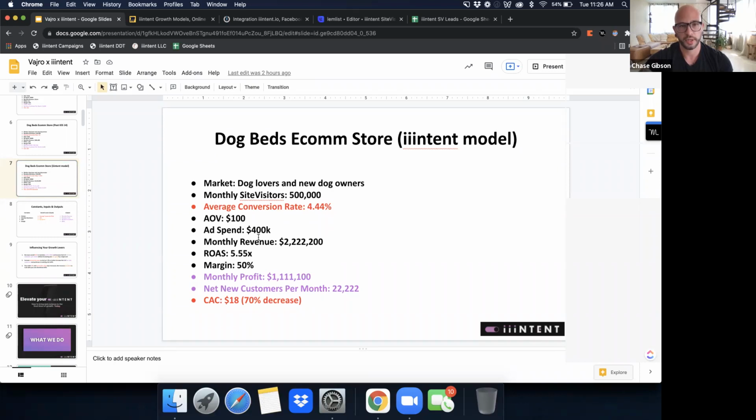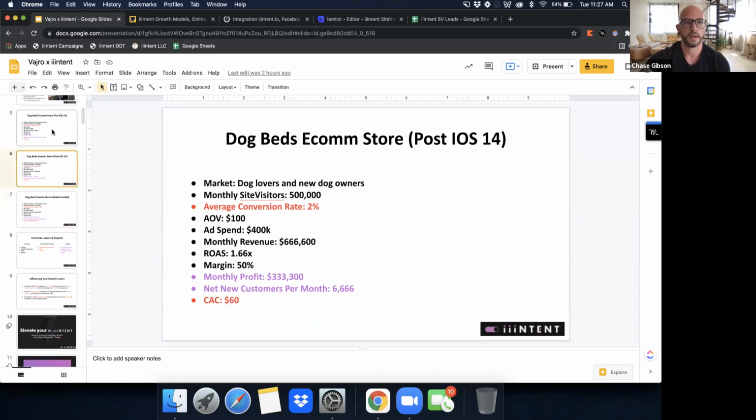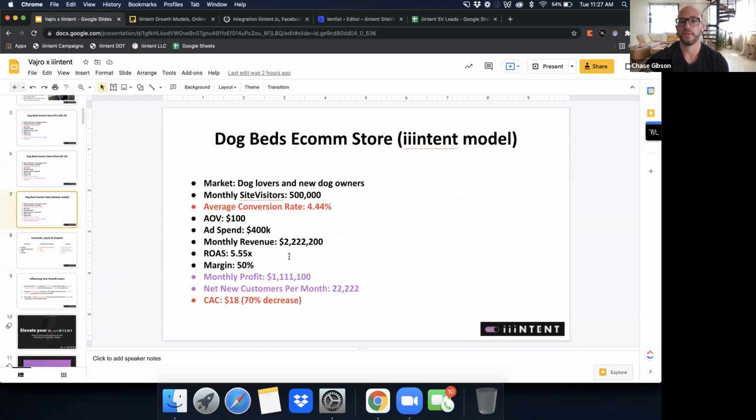What that allows you to do is take the same ad spend and basically 4x your ad spend, and you're able to more than 4x your total revenue, which then influences your profit. So we went from, let's say pre-iOS, an average e-com store with a 2% conversion rate and 2.5 return on ad spend, to about 5.5x return on ad spend.